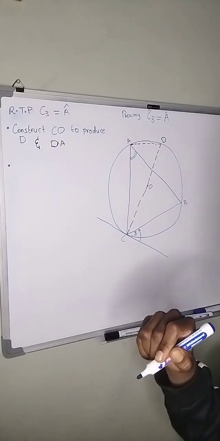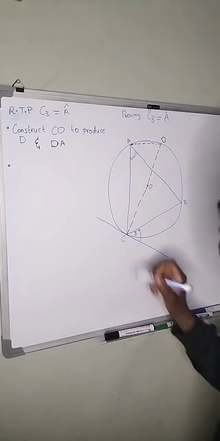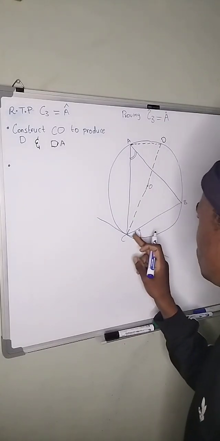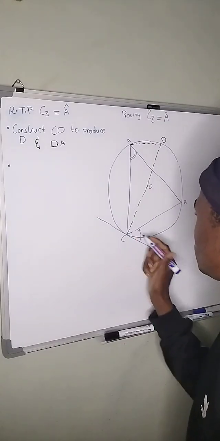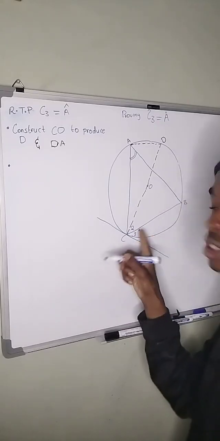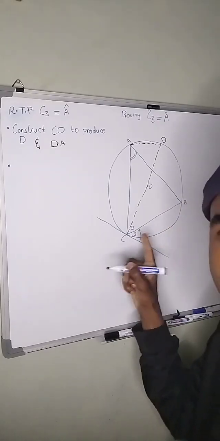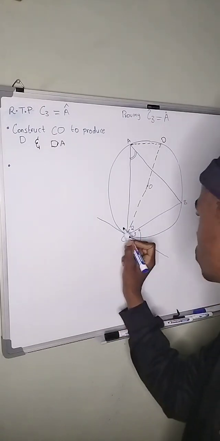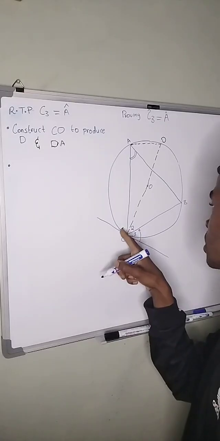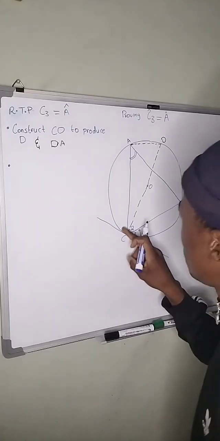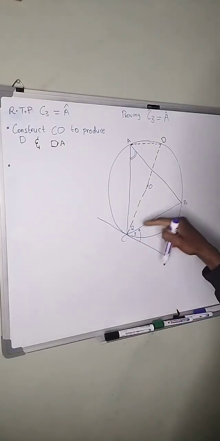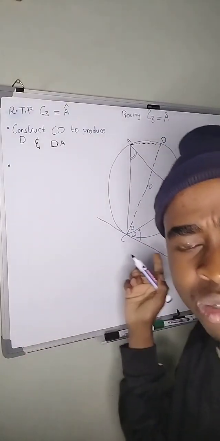Let me label this one C3 and this one C2, ne? And this one is C1. This one is useless to me, so I'm just going to use C2 and C3.